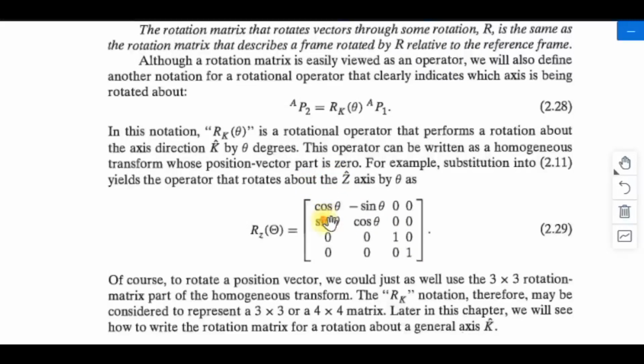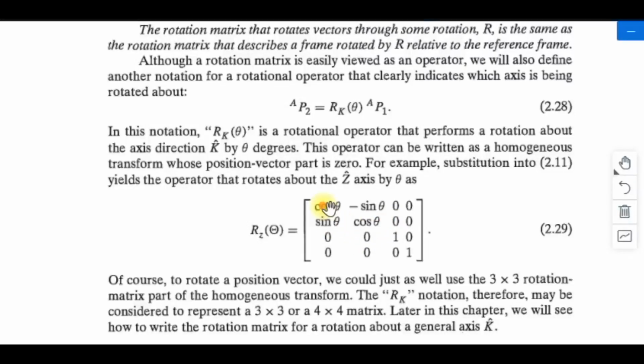When you calculate the rotation about z, this z is 0 0 and this is 1. For y, this and this are 0 and only 1 is here.